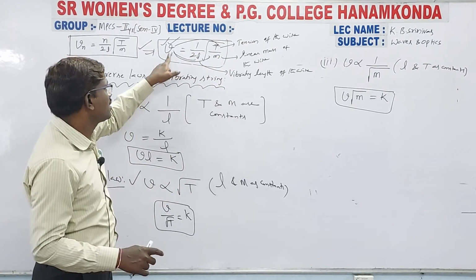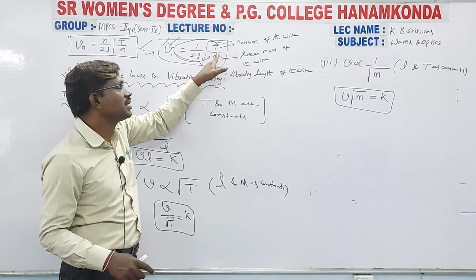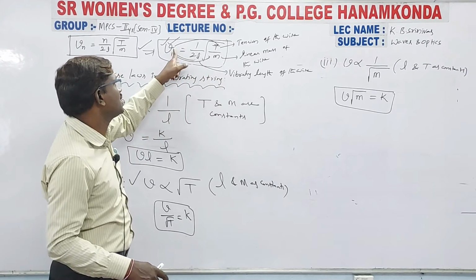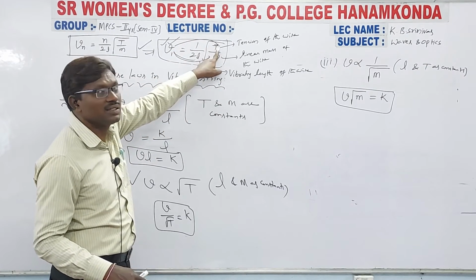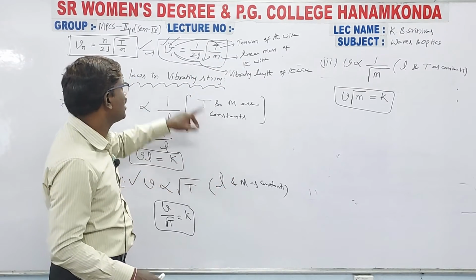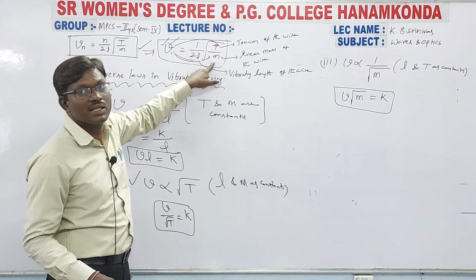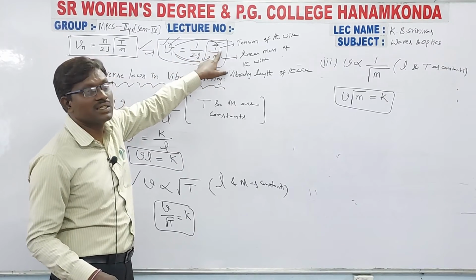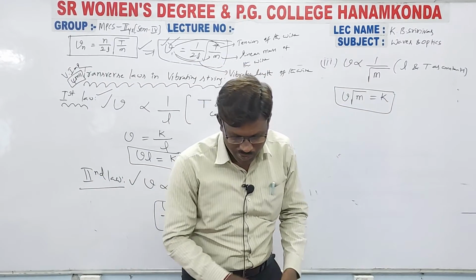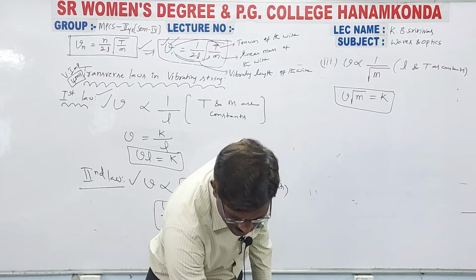In the first law, the relation between nu and L, keeping tension and linear mass density as constant. In the second law, the relationship between the frequency and tension, keeping L and m constant. In the third law, the relationship between the frequency and linear mass density, keeping length and tension of the wire as constant. So, this is about all the 3 transverse laws in the stretched string.